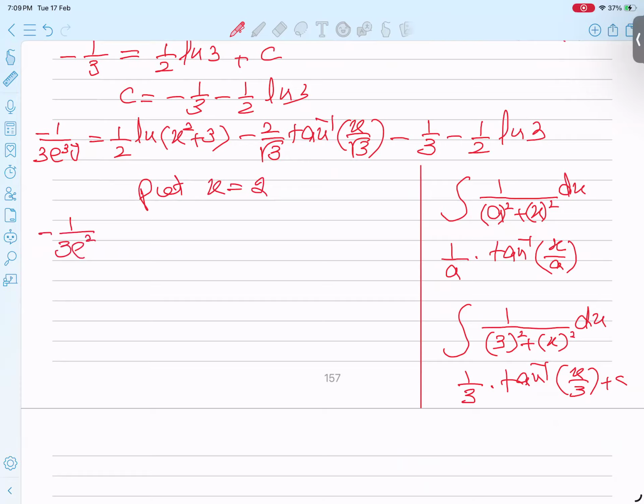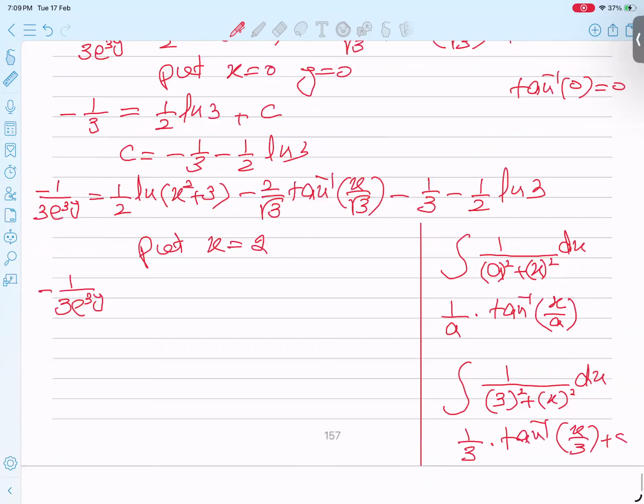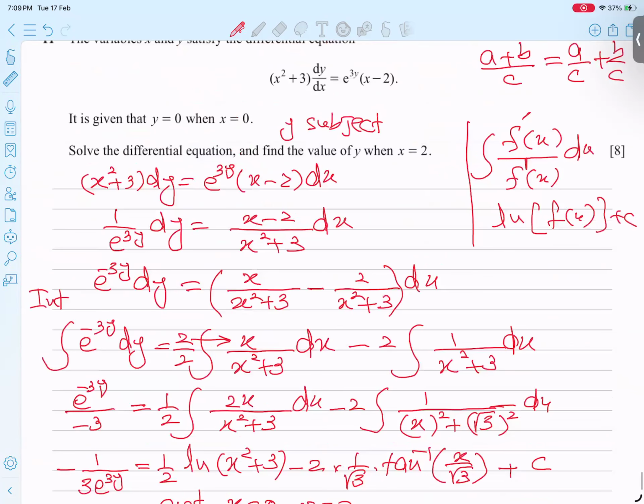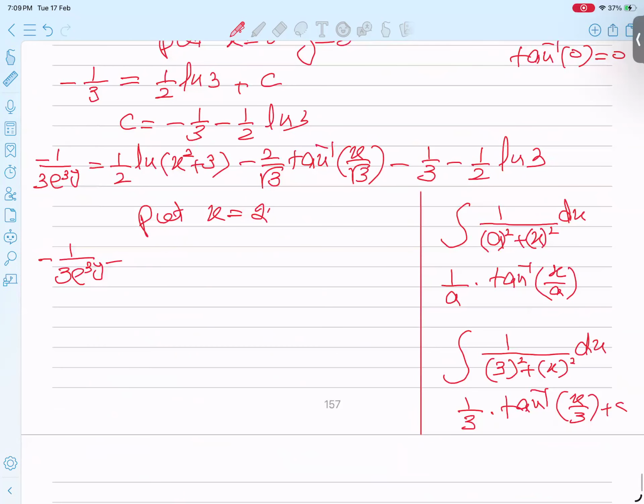So this is very clear, this is 3y, let me check, yes, 3y equals, when I plug in 2 here, 2 squared is 4 plus 3, 7. So I'm getting here half log of 7. What about this? 2 over root 3, you can check in the calculator and make sure it is in radian mode. Radian mode is compulsory.